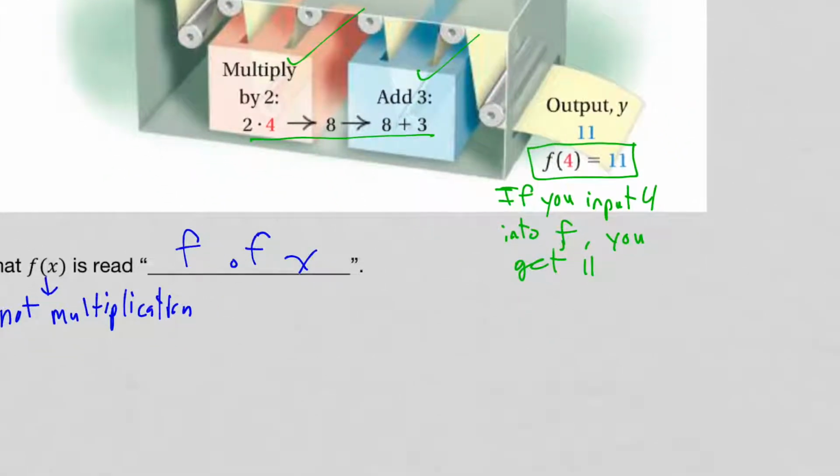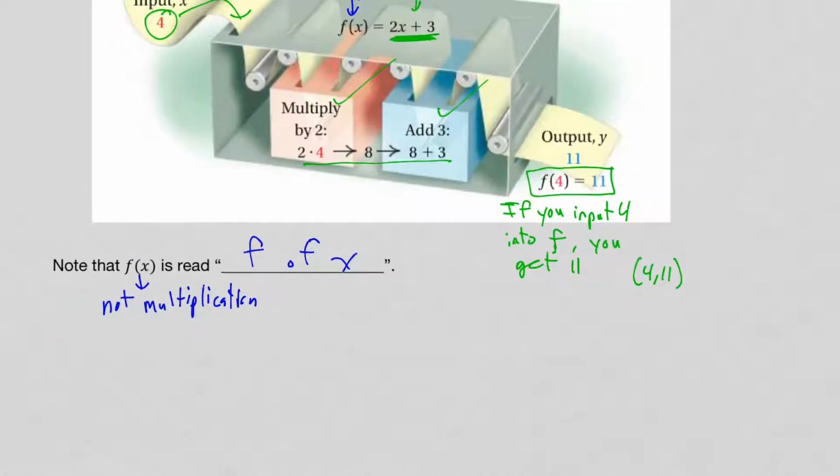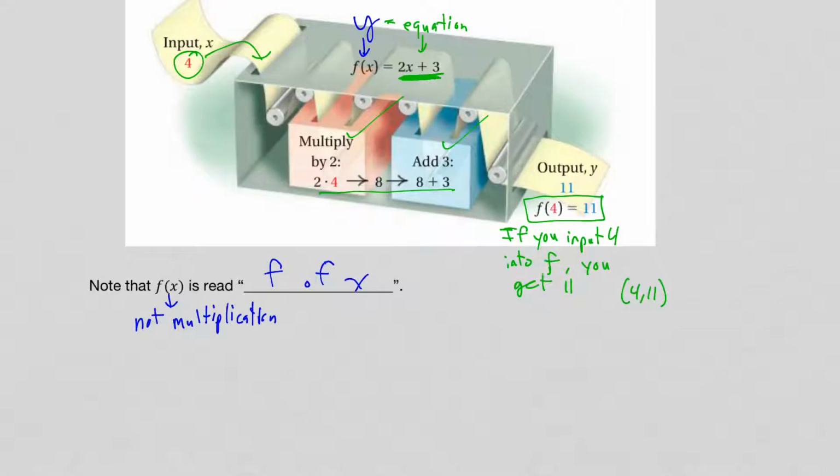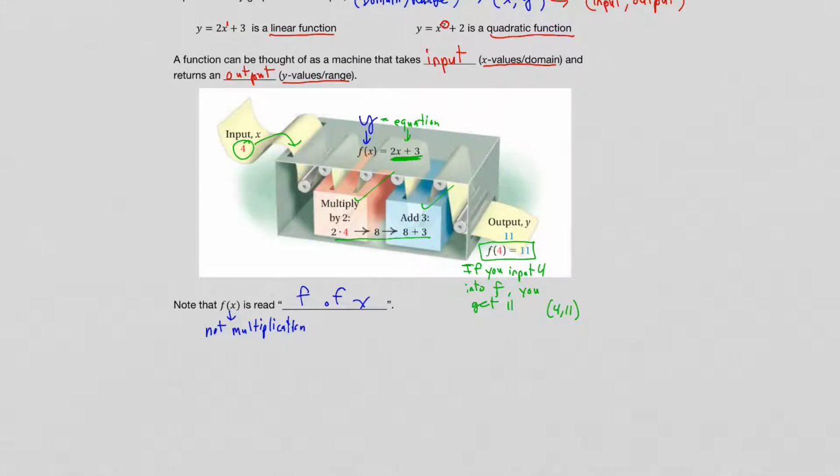Normally we would say, if x is 4, y is 11, that's your coordinate, this is your point. So this is pretty much the same thing you've done before, except it's a different look now. Let's take a look at the next page to see how this is different.